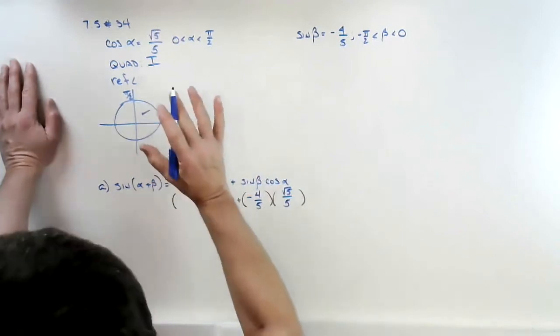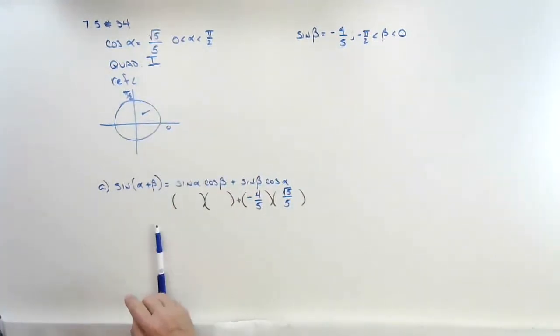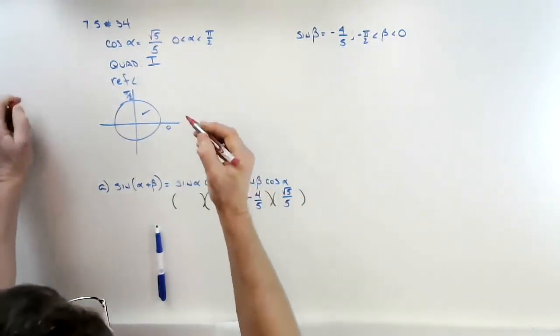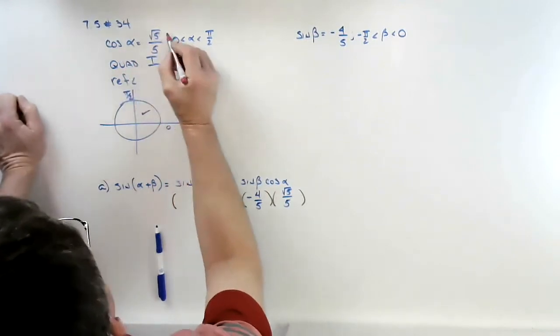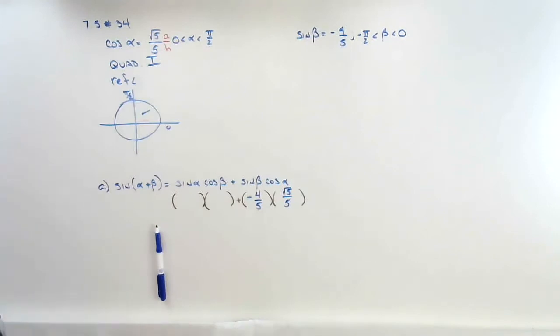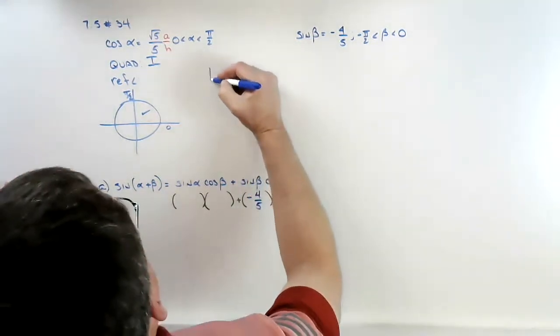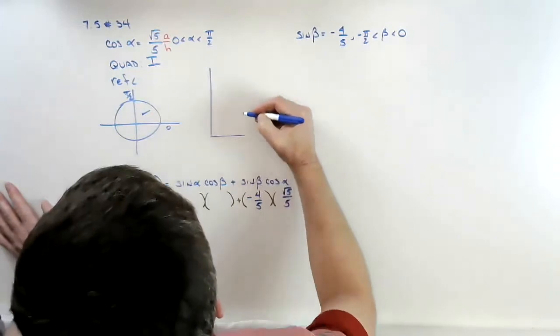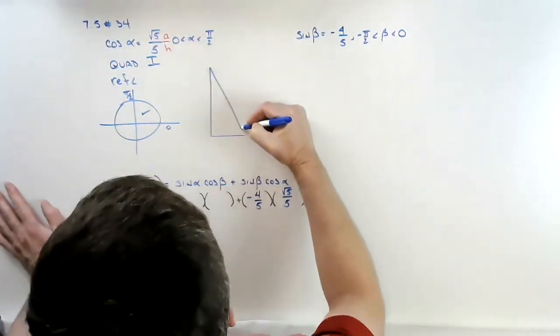So here's what we do. We say to ourselves, well, this is cosine. Cosine is adjacent divided by hypotenuse. So I label my adjacent as the square root of 5, and my hypotenuse as 5. I draw any right triangle I want to draw.